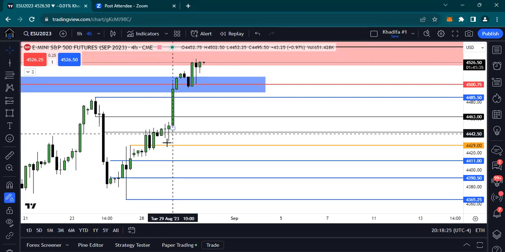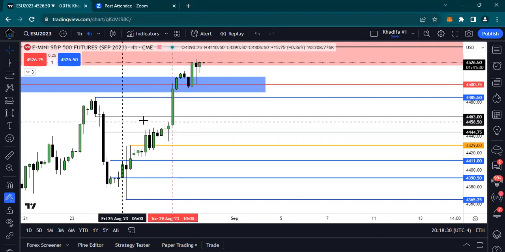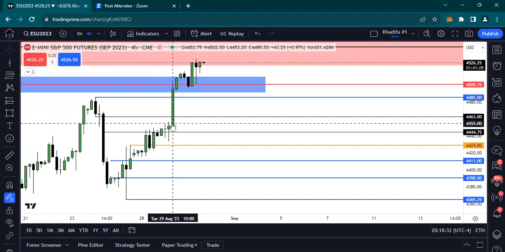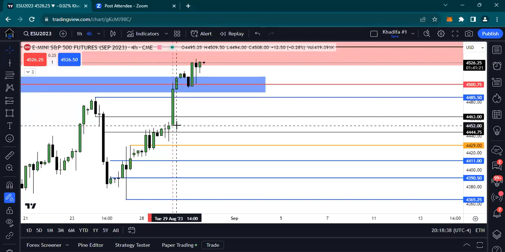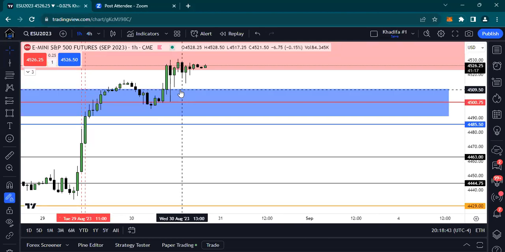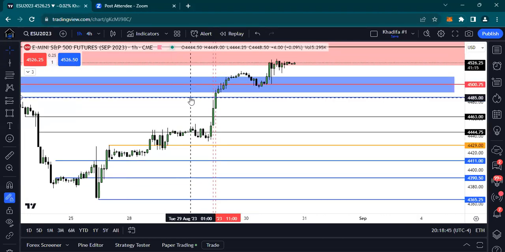And so we see with the news that came out yesterday, price sliced through that 79% level and ran straight up to run the previous week's buy side liquidity, right? And so I'm gonna take you down to the hour time frame, right?